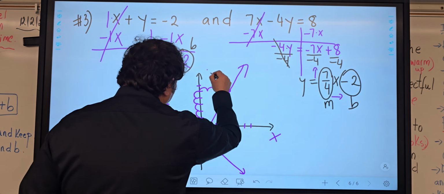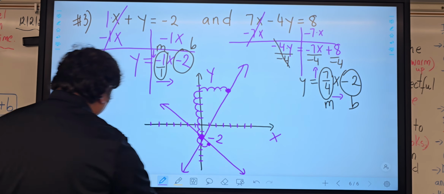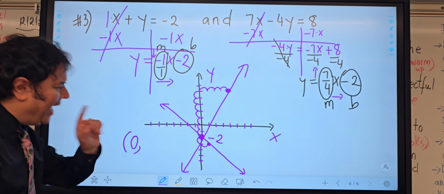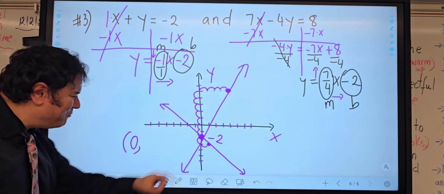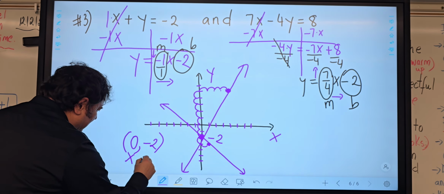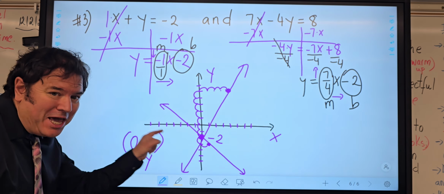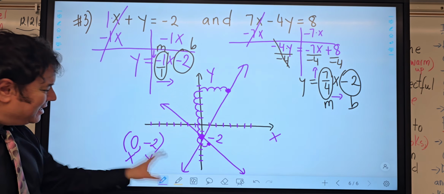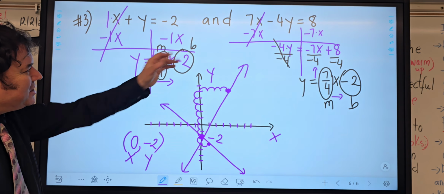That's our x-axis, that's y-axis. So x is 0. So the final answer, we have 0 for x and -2 for y. That's our x and that's our y. That's the location, that's the destination, that's where the lines intersect. And that's our solution of this system of equations.